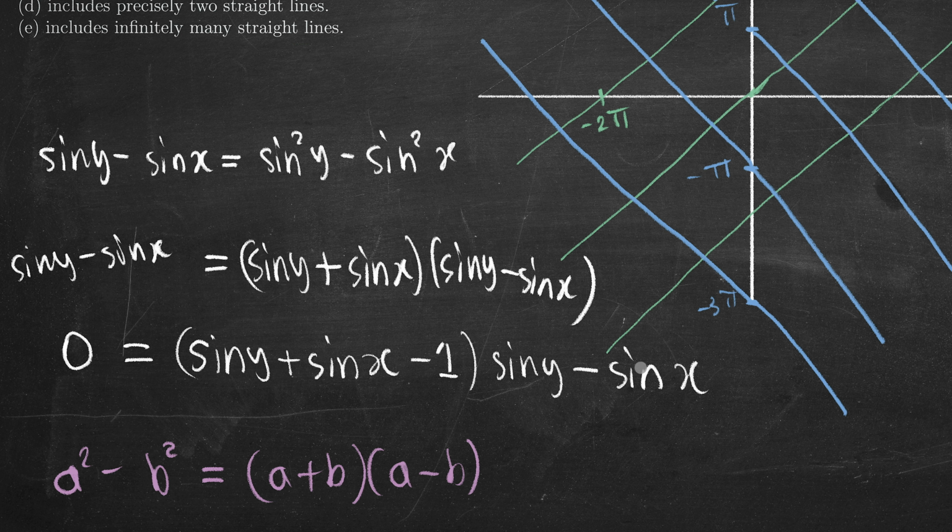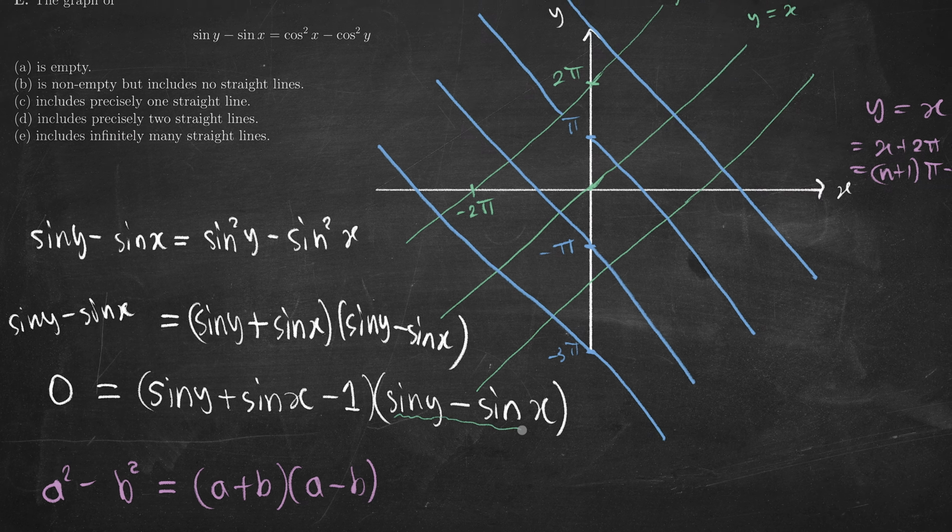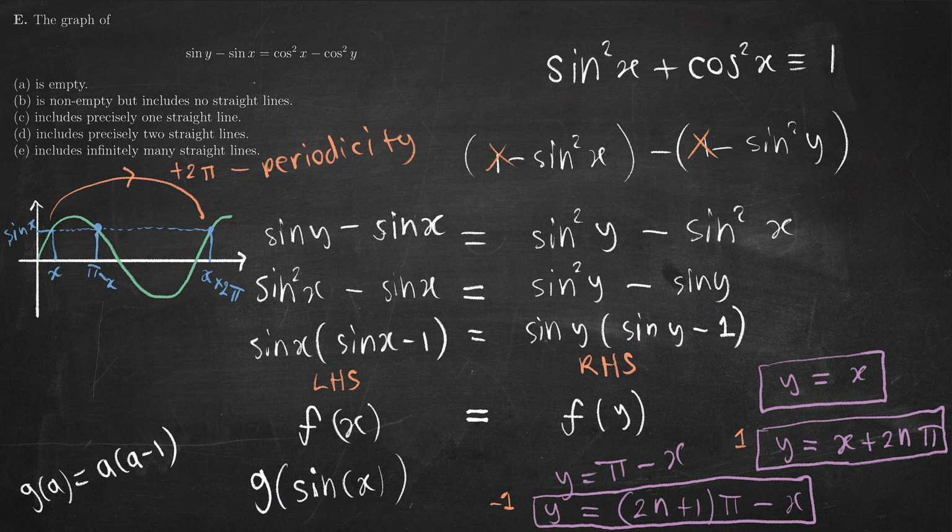And perhaps this way of writing the equation is even more suggestive than the way I originally took a stab at it, because we have the product of two factors equals 0. When any one of those factors is 0, then that's going to be a solution. In particular, the second factor here we've already considered, because that was sine y equals sine of x. And I argued that point from a more functional perspective, in that x and y are playing the same functional dependence on the sides there.